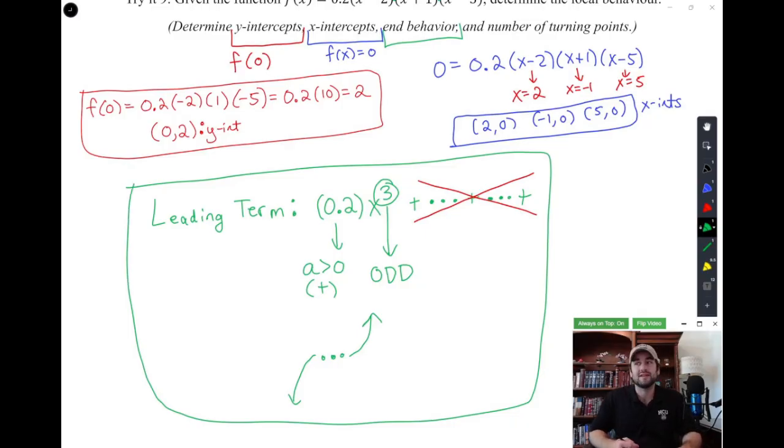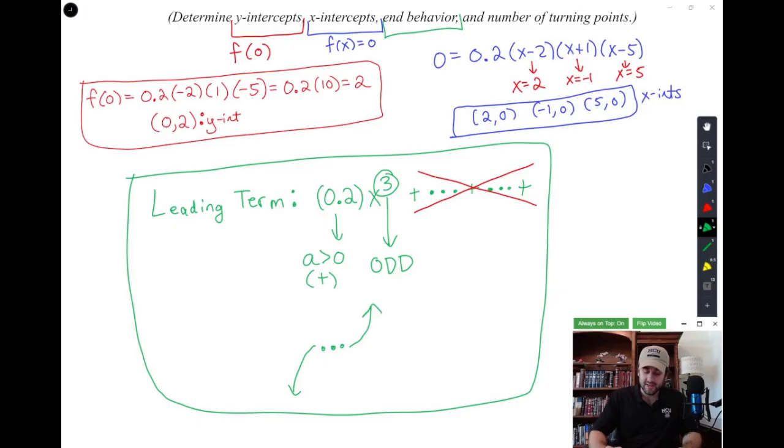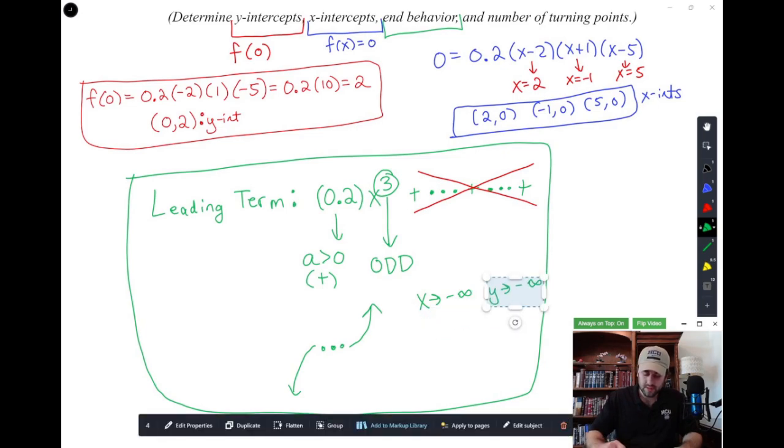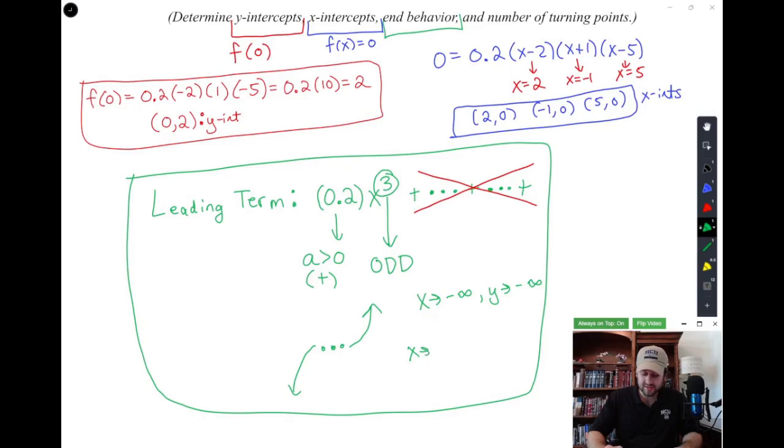So the end behavior looks like that kind of curvy line with the dots in it. And we'll say as x approaches negative infinity, y approaches negative infinity. And as x approaches infinity, y approaches infinity.